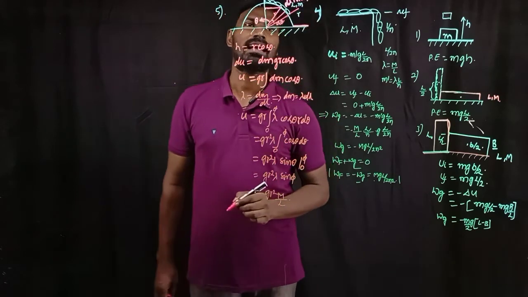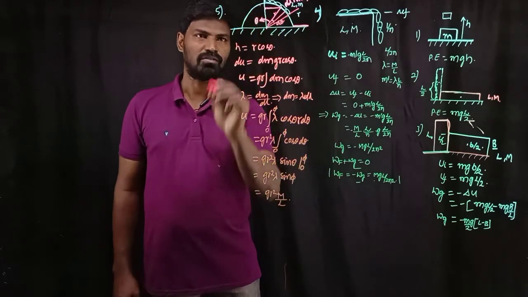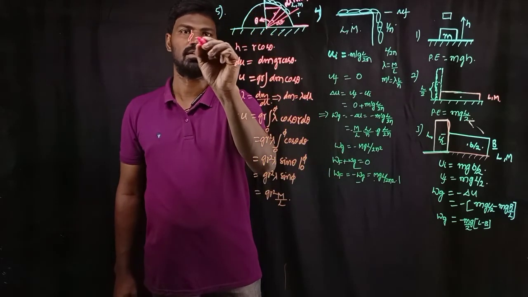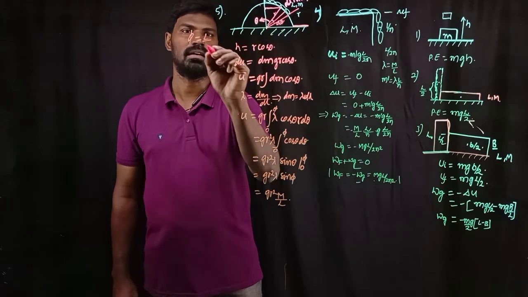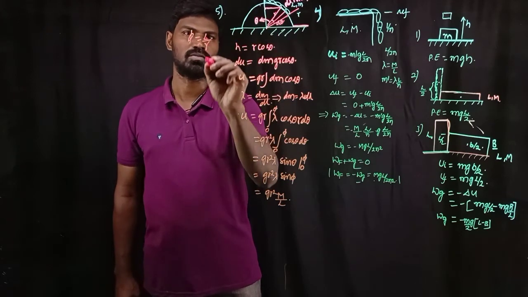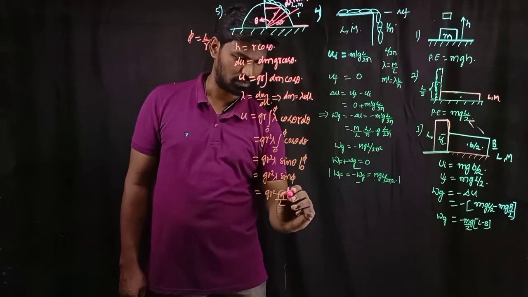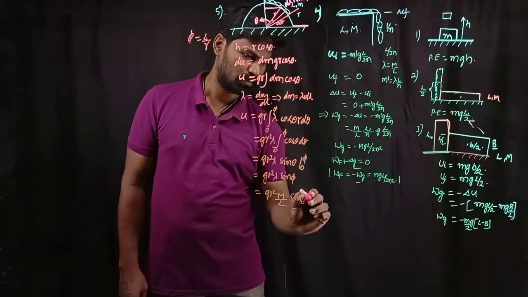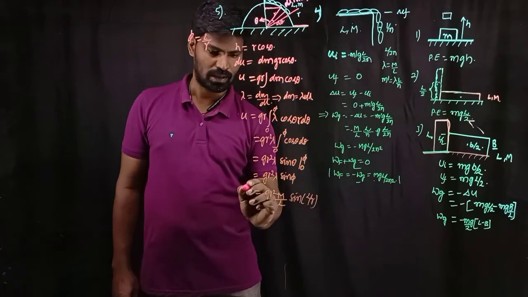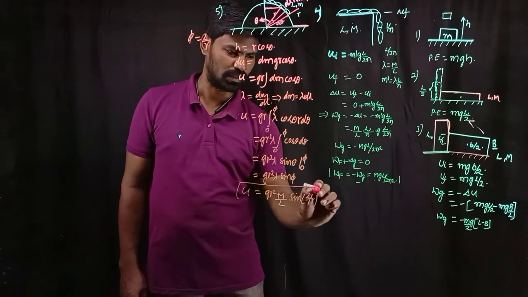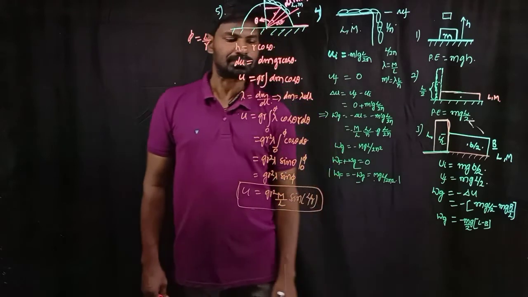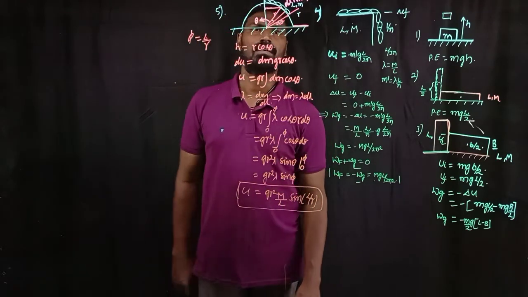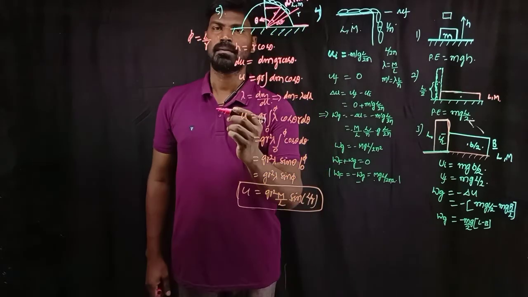So theta equals L by R. That means the total angle phi is the length of the sector, which is nothing but the length of this string or chain L, divided by the radius R. So in place of phi you can substitute L by R, sin of L by R. This is how I calculated gravitational potential energy in a situation where I can't write straight away the location of the center of mass.